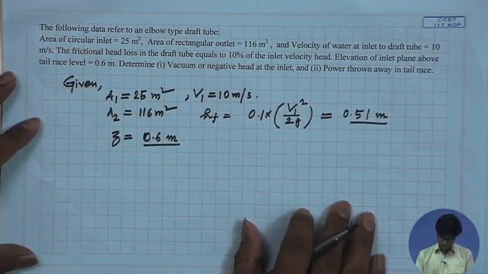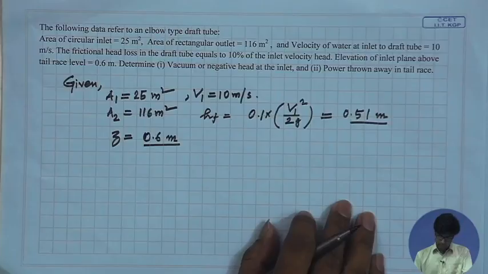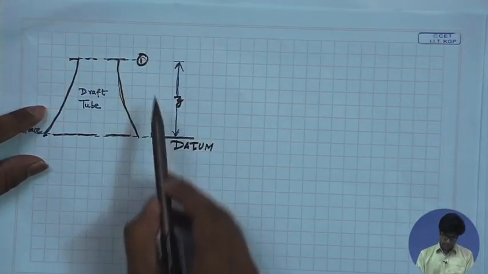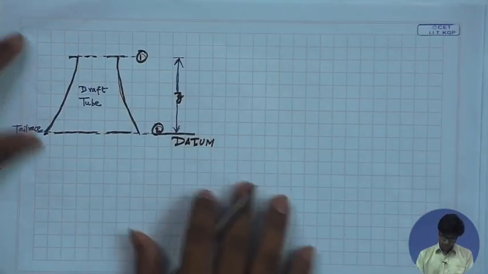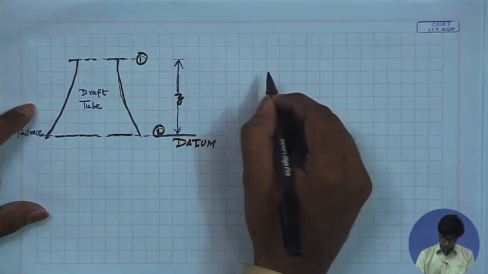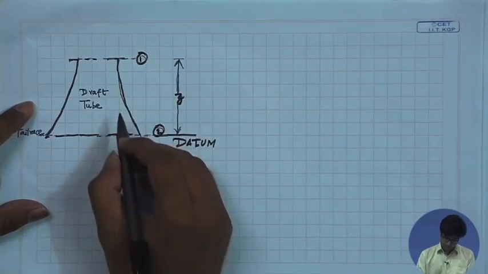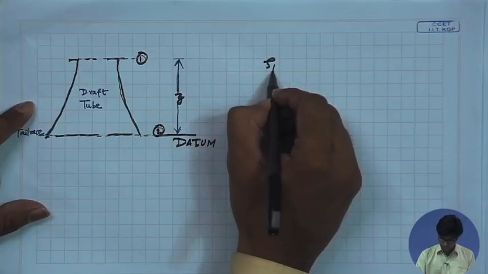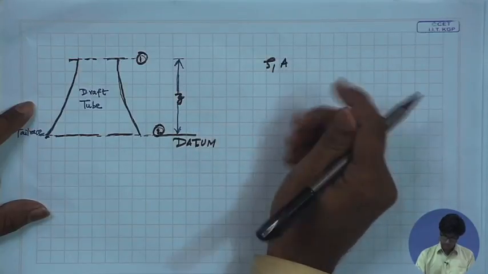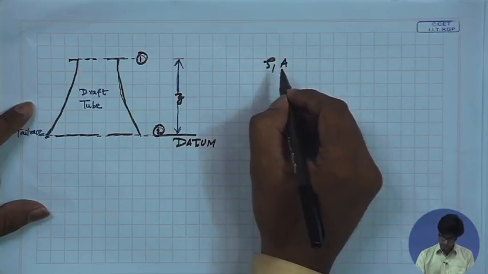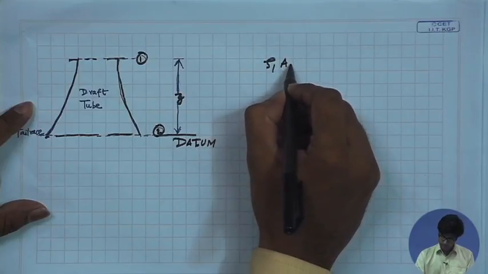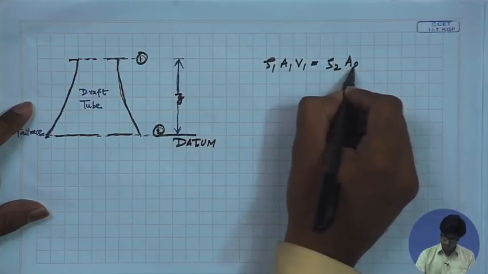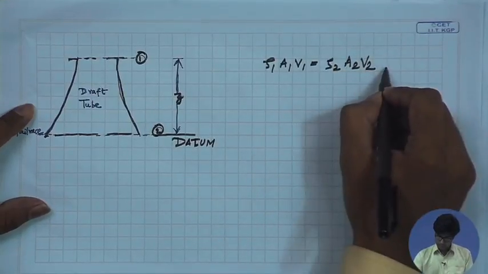So, first we have to find out the negative head at the inlet. Let us apply Bernoulli's equation between these 2 points. Before that, let us apply the law of continuity, or the conservation of mass, between these 2 points. We can equate the mass flow rate at the inlet and the outlet: rho1 A1 V1 is equal to rho2 A2 V2.